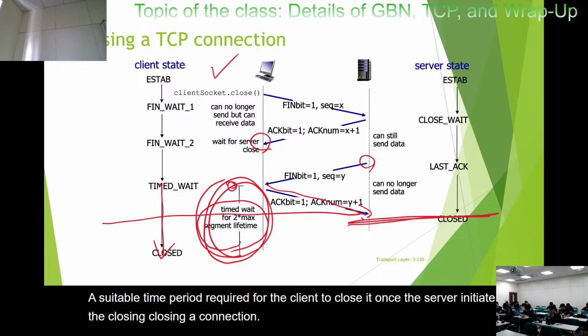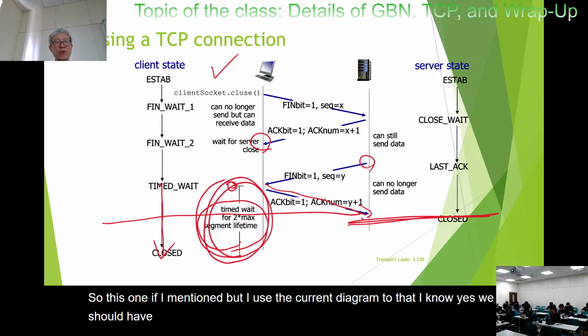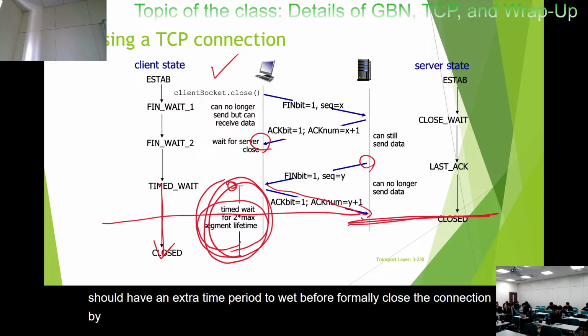So this one, in fact, I mentioned, but I use the current diagram to let you know, yes, we should have an extra time period to wait before formally close the connection by the client. I mentioned the client side, we should have the extra time period to close it.